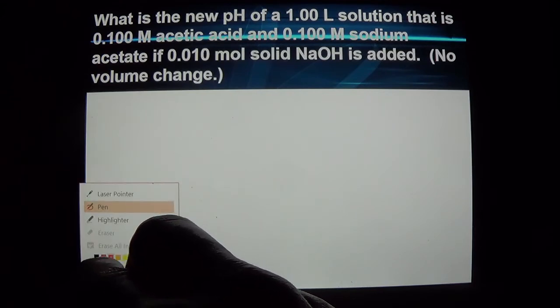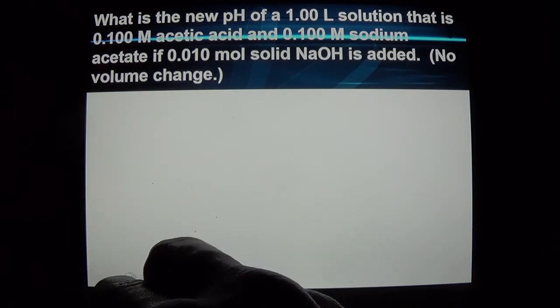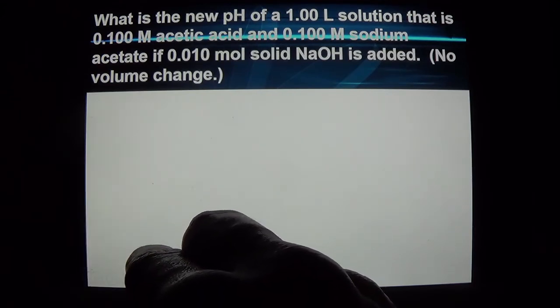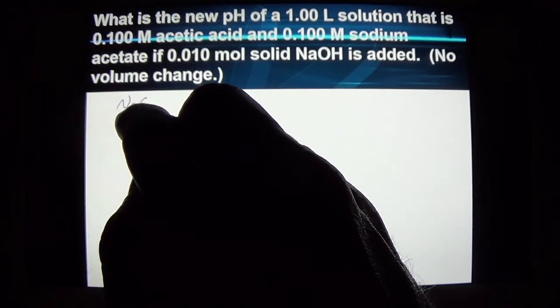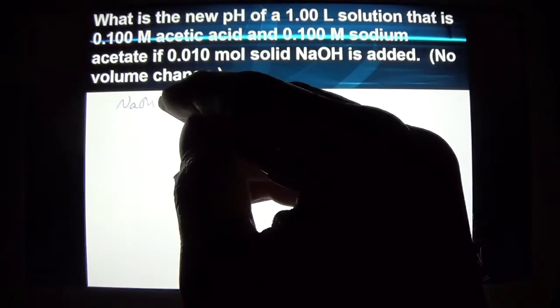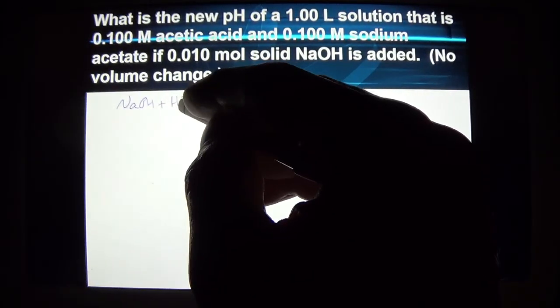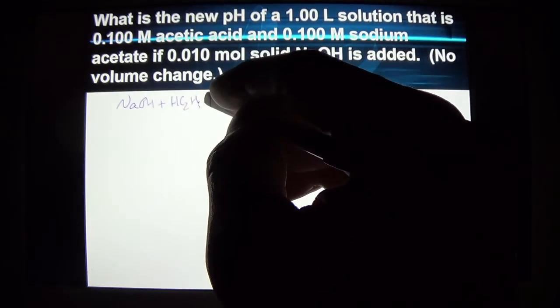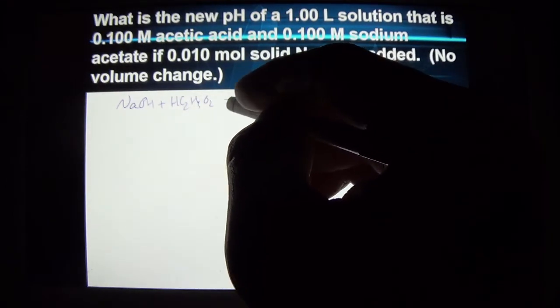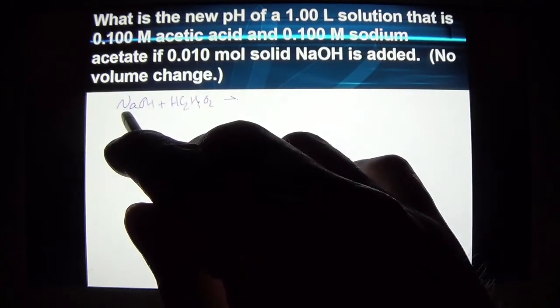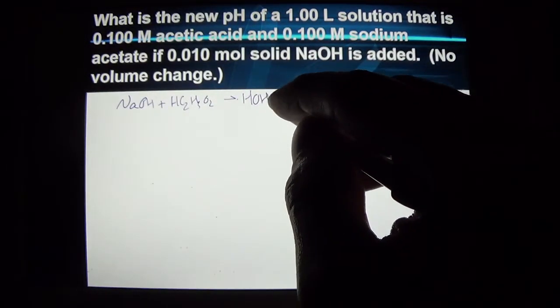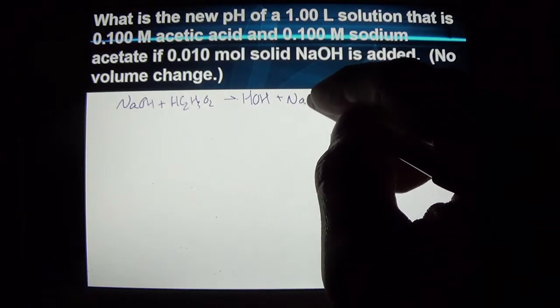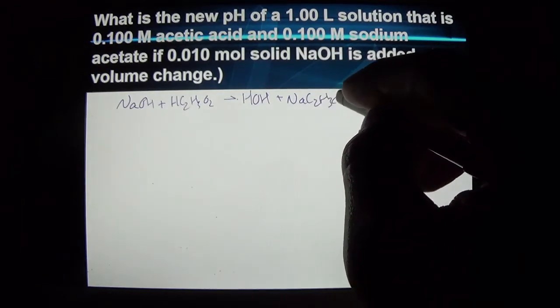So I'm going to start with the reaction between sodium hydroxide and acetic acid. I have an acid and a base, and it's going to be a double replacement reaction and give me water and sodium acetate salt.